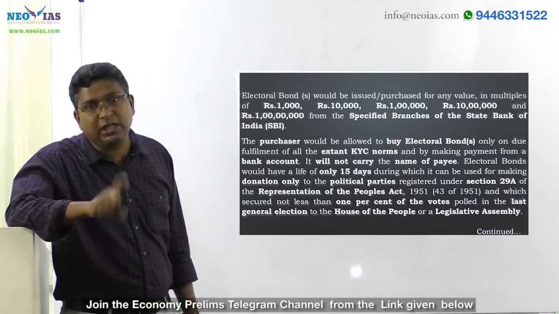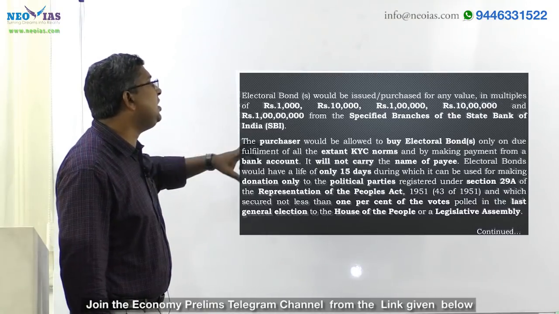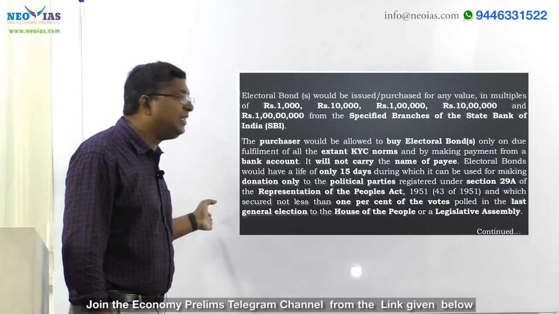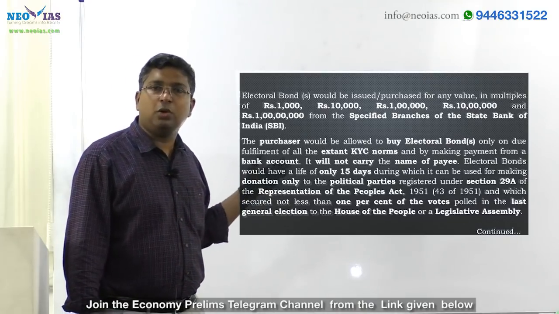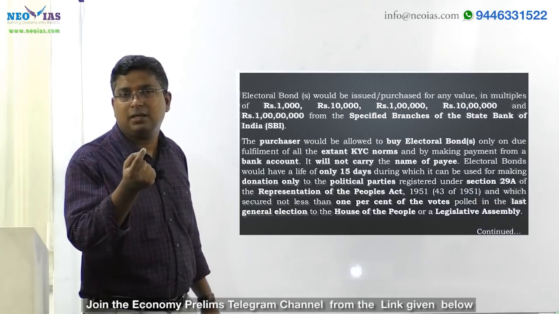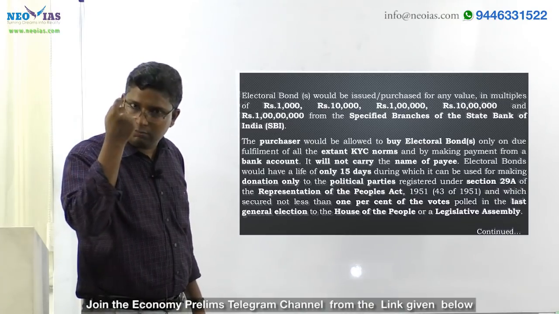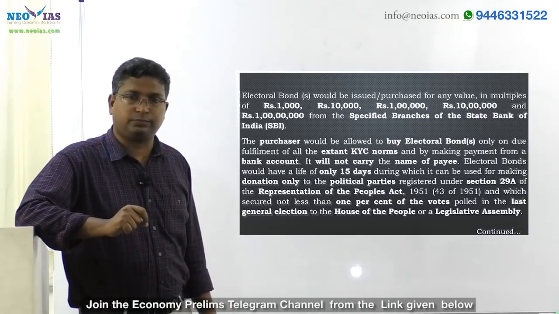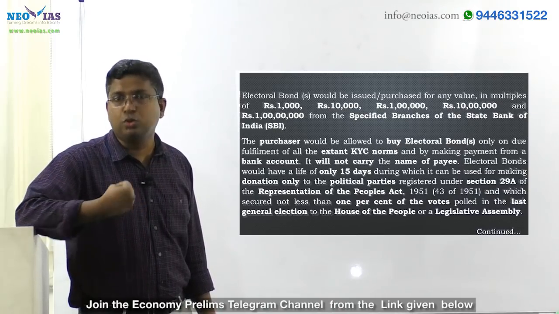Only a registered political party coming under section 29A of the Representation of the People Act 1951, and which in the recent general election, be it the Lok Sabha or the assembly election, has polled at least 1% of the total votes, can take or use this bond.